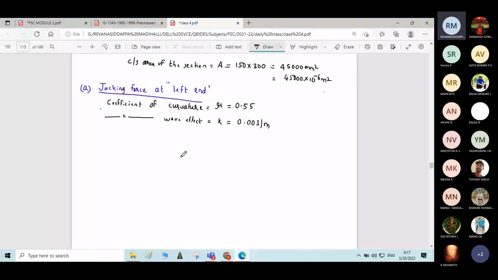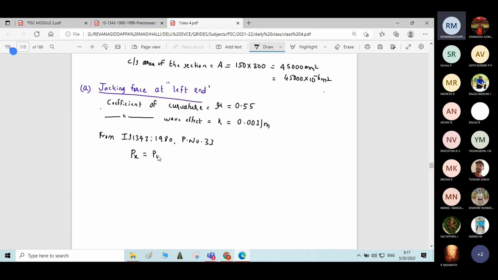From IS 1343, 1980, page number 33, we have the relation: Px is equal to P naught into e power minus (mu alpha plus Kx). Write that formula.